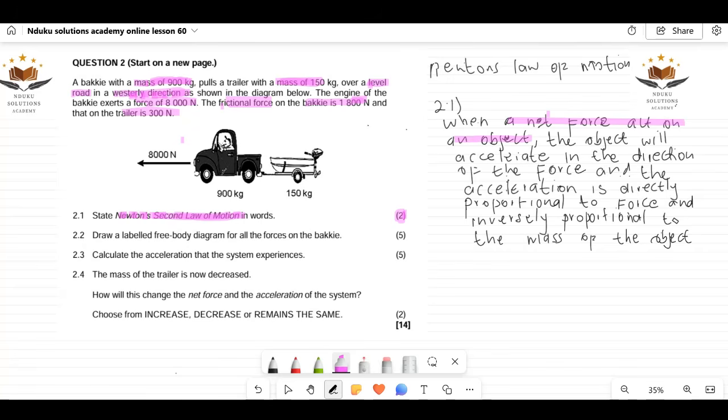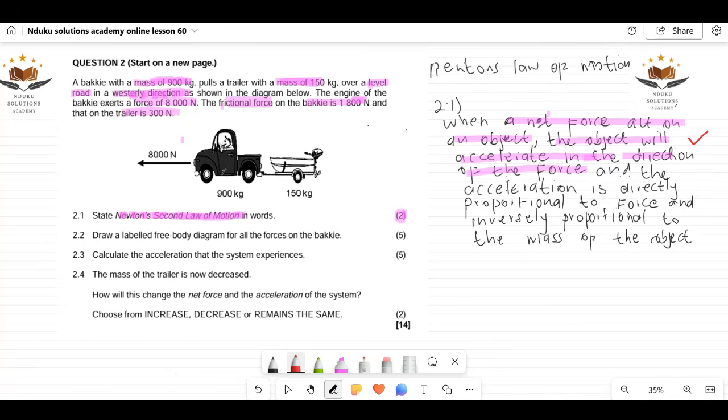And then they need to also see that the object will accelerate in the direction of the force. So this is also very, very important. Where's the force? Yes, good. Then you will get your first mark for that first part.